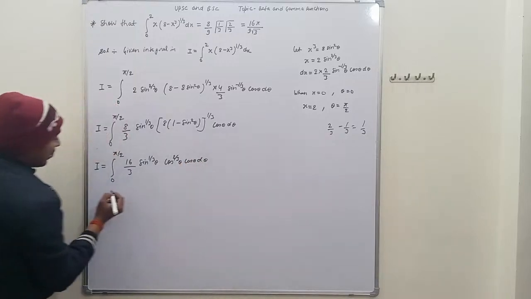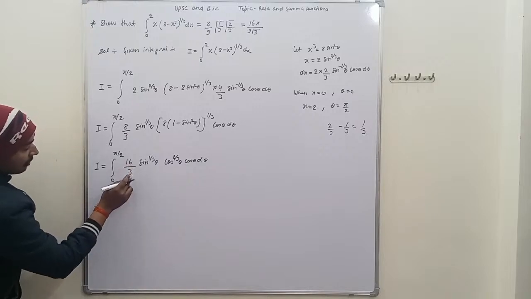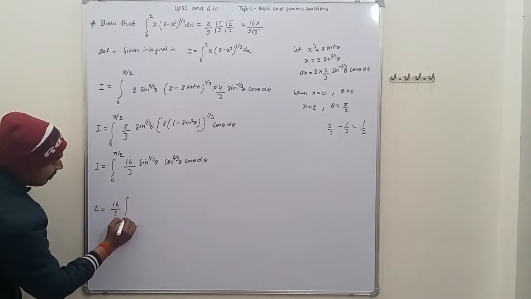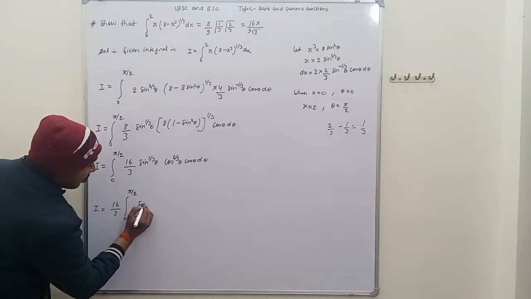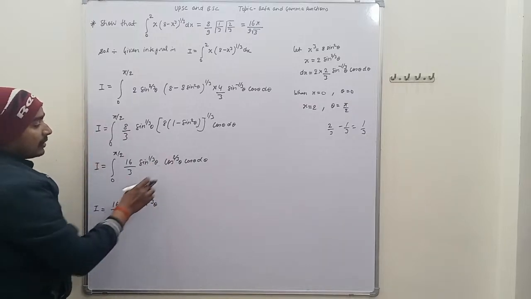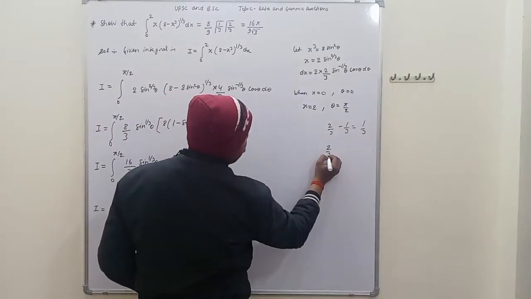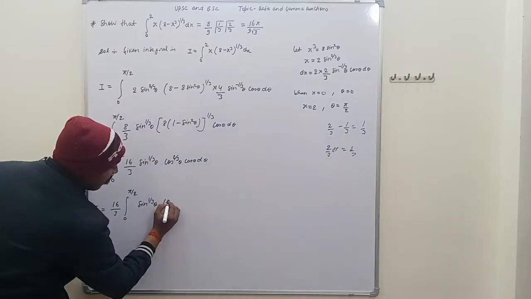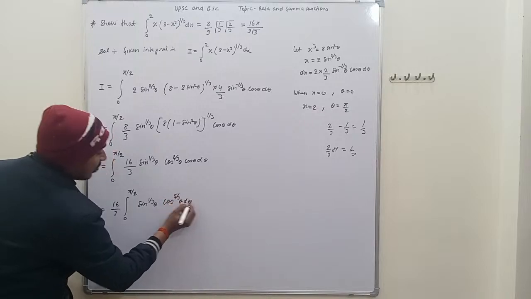Further we write integral I is equal to 16 upon 3 taken outside, the integral from 0 to pi by 2 of sin to the power 1 by 3 theta, and cos to the power 2 by 3 theta into cos theta, we add 2 by 3 plus 1, this is 5 by 3. So we write cos to the power 5 by 3 theta d theta.